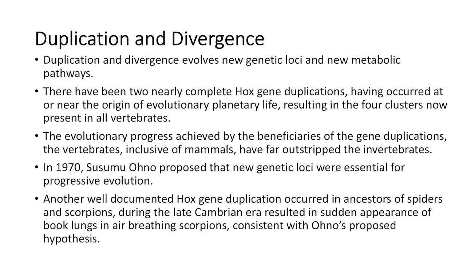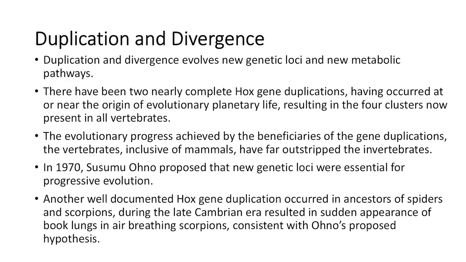Duplication and divergence. Duplication and divergence evolves new genetic loci and new metabolic pathways. There have been two nearly complete HOX gene duplications having occurred at or near the origin of evolutionary planetary life, resulting in the four clusters now present in all vertebrates.